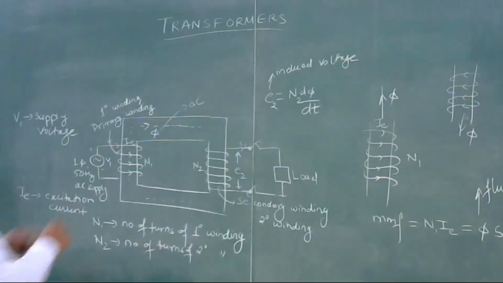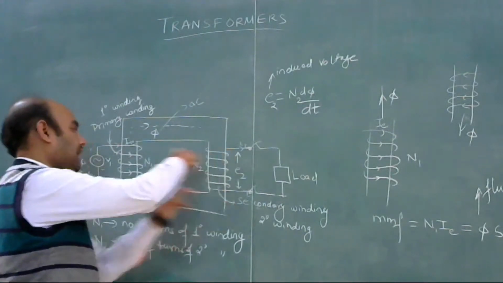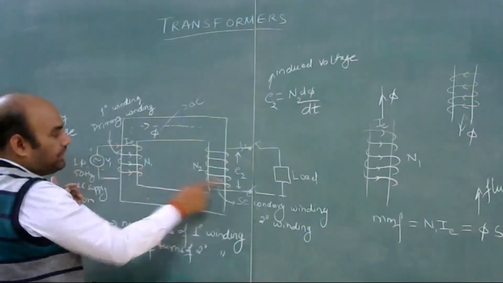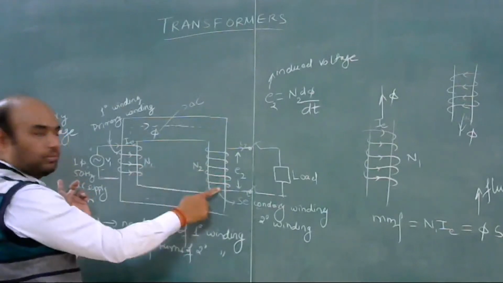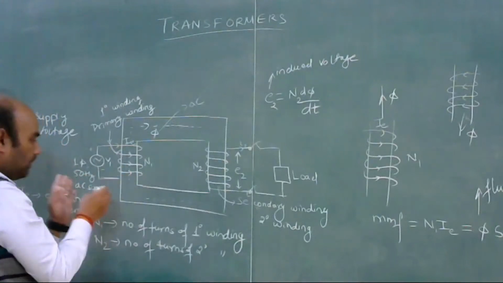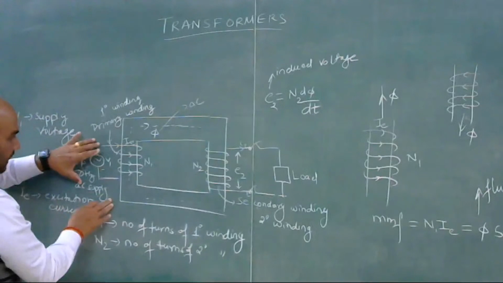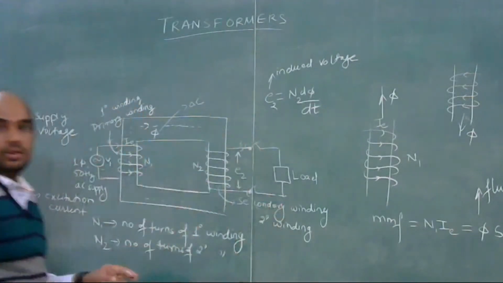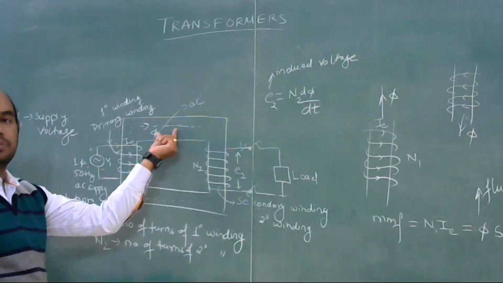So we are giving supply to the primary side, and the secondary side is electrically isolated. There is no physical connection between these two windings. But what we are doing here is transferring electrical energy from one circuit to another circuit using magnetic energy as a medium.